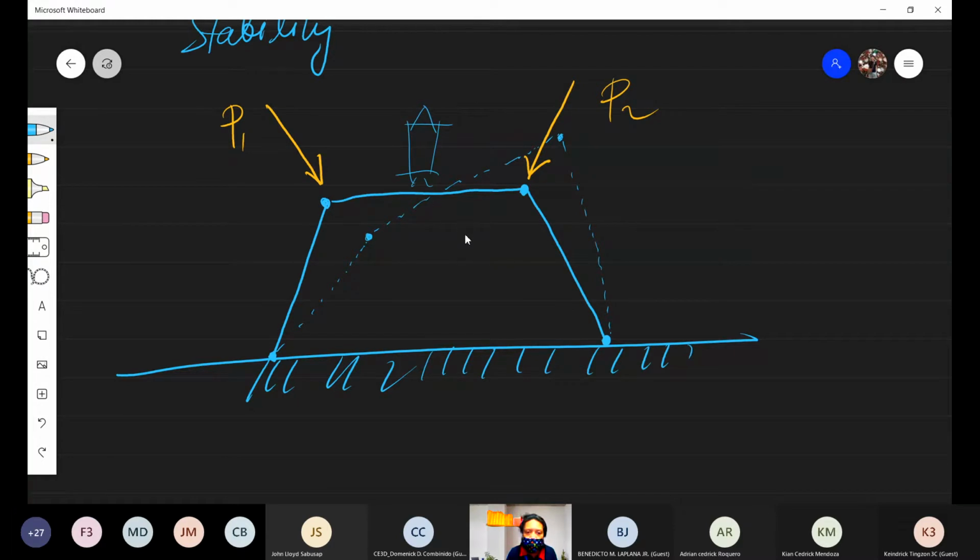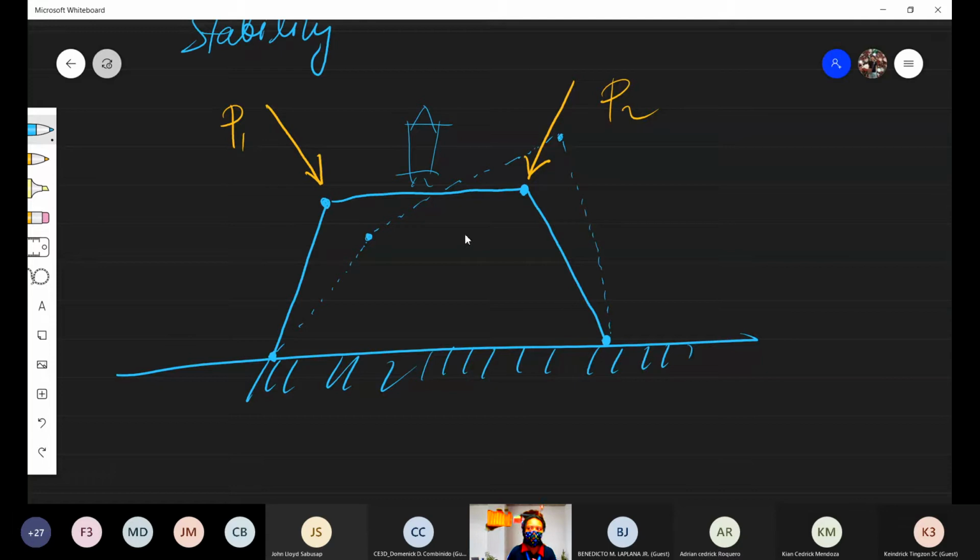It is stable only for a certain force, which is not the real situation in real life. As I have said, in real life the forces in nature are unpredictable.